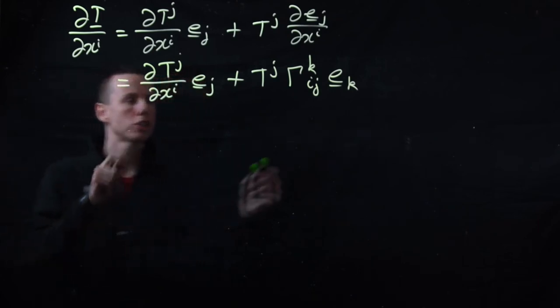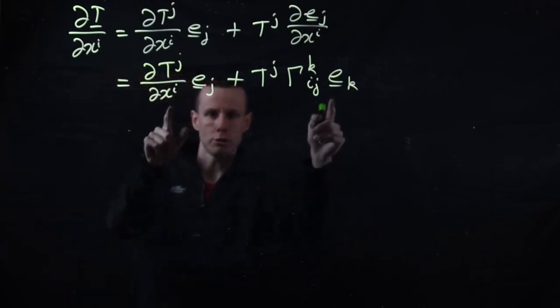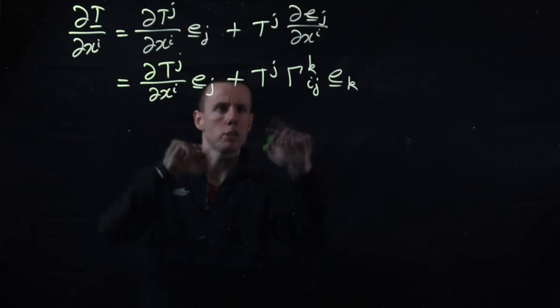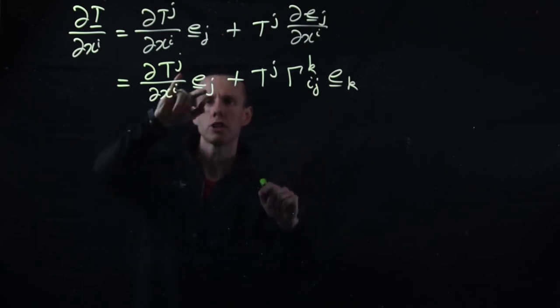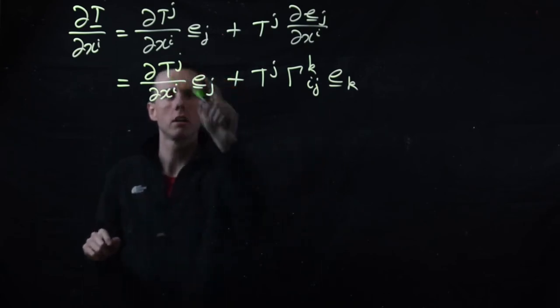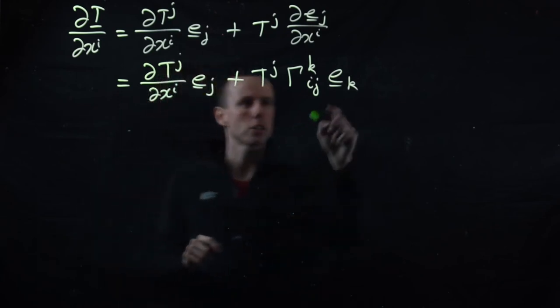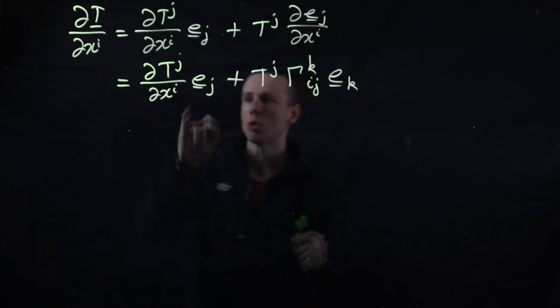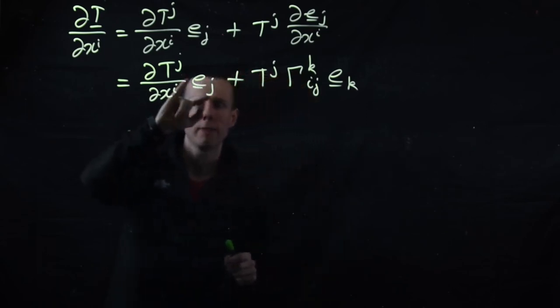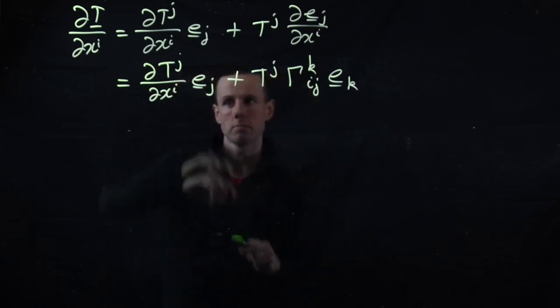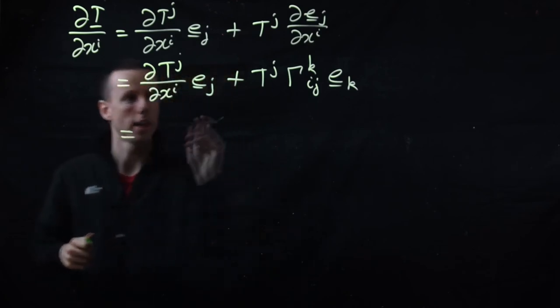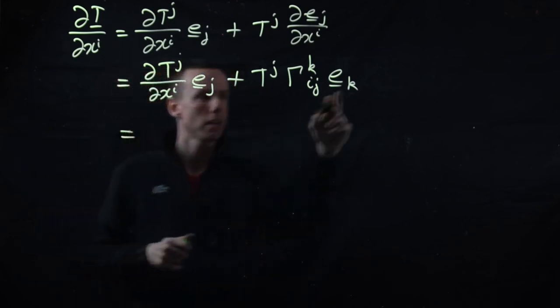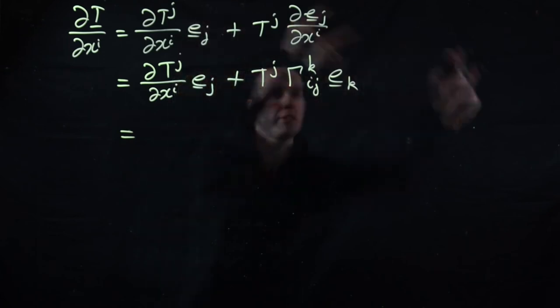And doing this actually allows me to combine these two terms together. Because if you look carefully, you'll see that in the first term, you've got a dummy index j, here and here, and in the second term, you've got a dummy index k, here and here. So what I'm going to do is, in the first term, change that j into a k. And then this will become basis vector ek, which we also have here, so it can be factored out.